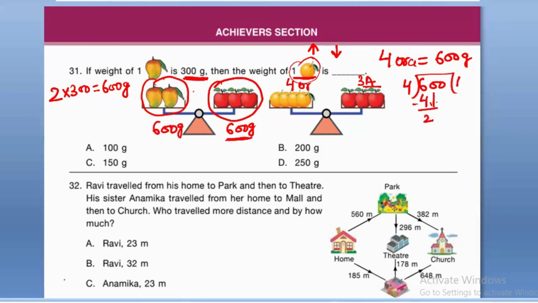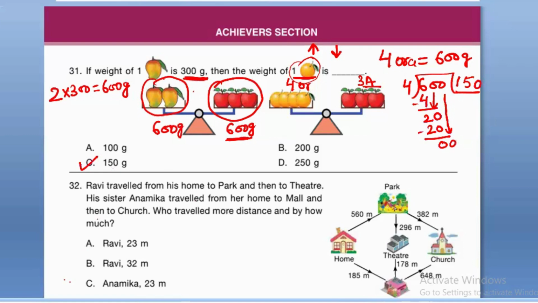Then we bring down the 0. So 4 5s are 20. When we subtract it, we get 0. And again, we need to bring this 0 down, so we put this 0 here as well. So the weight of one orange will be 150 gram, which is option number C.